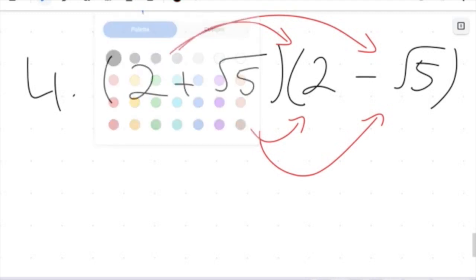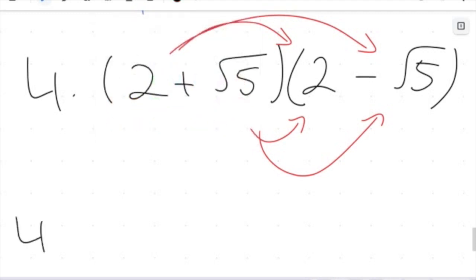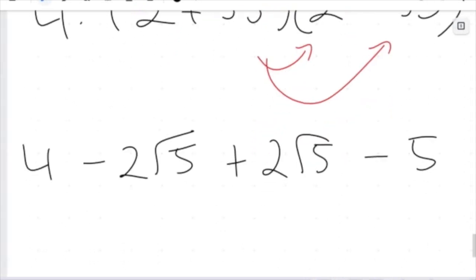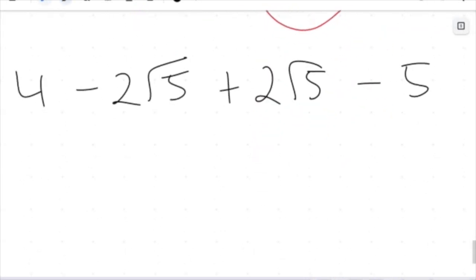So 2 times 2 gives me 4. 2 times negative root 5 gives me negative 2 root 5. 2 times root 5 gives me positive 2 root 5. And root 5 times negative root 5 gives me negative 5 here. Because root 5 times root 5 gives us a rational number, just a 5. Okay, now paying attention to these two middle terms.